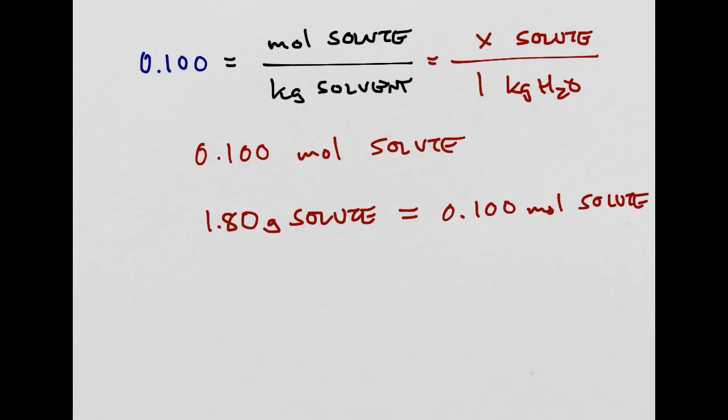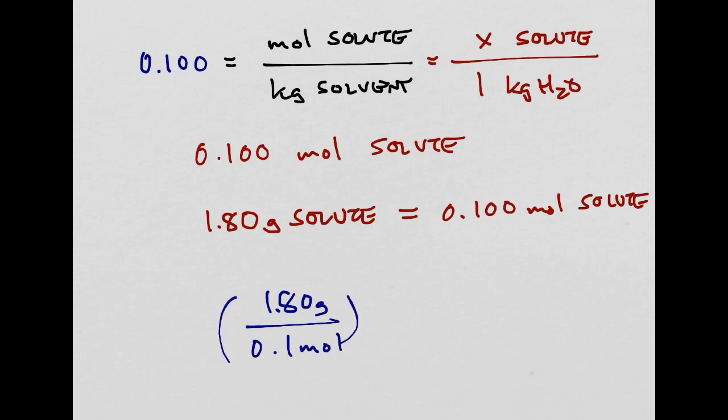And if I want to know the molar mass of the substance, it's simply the number of grams per the number of moles. So all you need to do is take the 1.80 grams and divide that by the number of moles, as your equivalency.